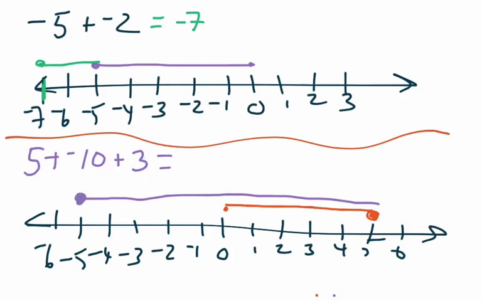And then plus 3 means we're going to go 3 in the positive direction, which is going to be 1, 2, 3, which lands us at the negative 2. So that's a really, really reliable way of adding and subtracting signed numbers. Now you might be thinking, oh, well, could we do a couple other things there?